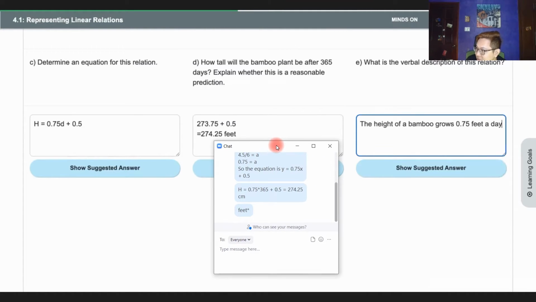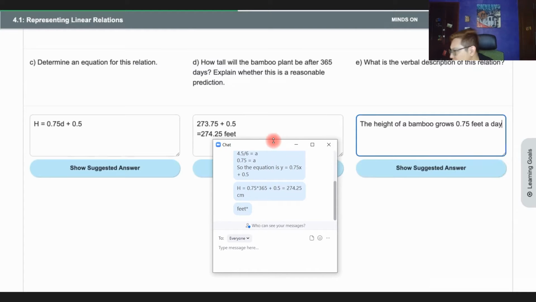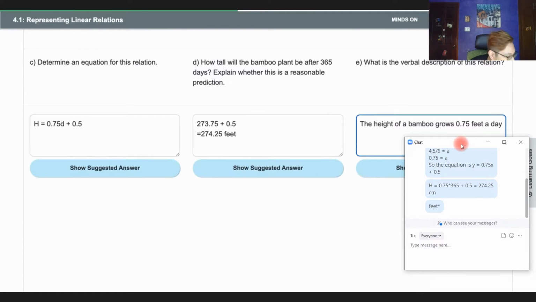That's about 22 centimeters a day. That's really fast. You wouldn't expect bamboo to be like that. It's too fast.